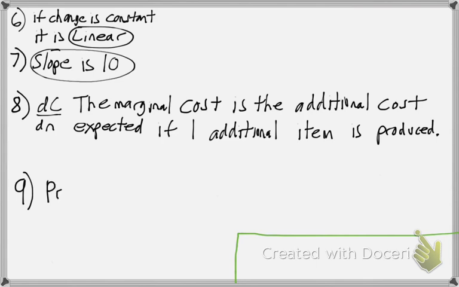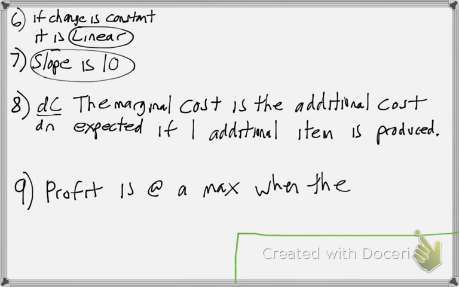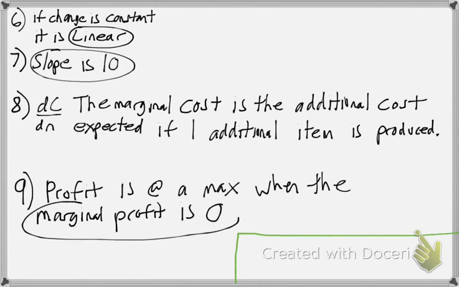So the profit is at a maximum when the marginal profit is 0. So again, a lot of definition type questions, 6 through 9.